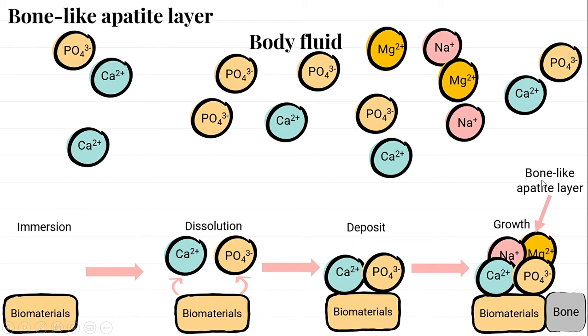Biomaterials are known to bond to living bone in the human body through the formation of an apatite layer on their surface. When they are implanted into the human body, the apatite forms at the surface and newly formed bone will form to interact with the surrounding materials.